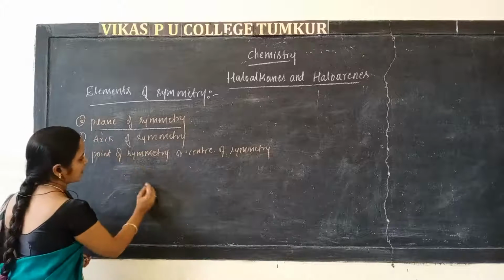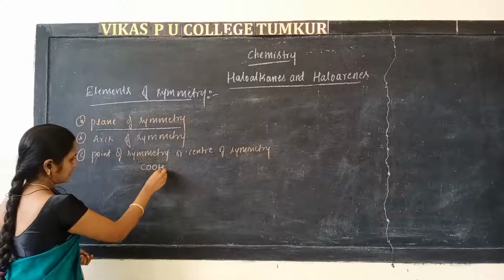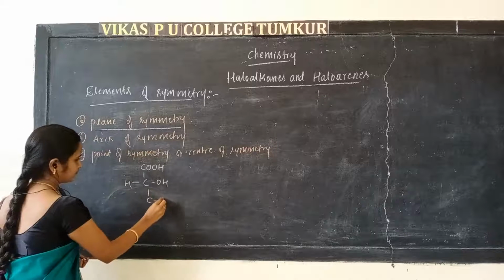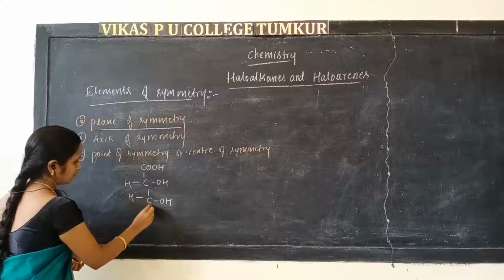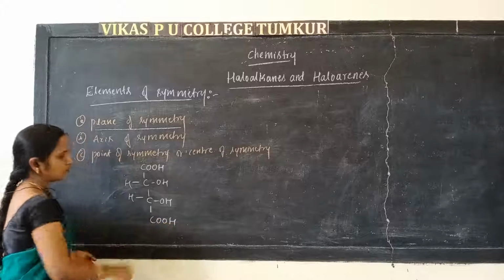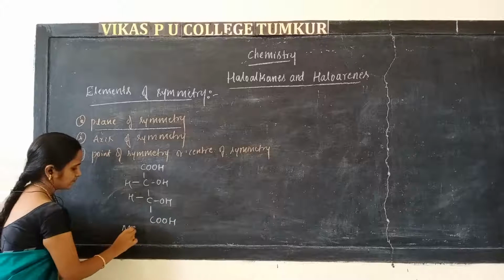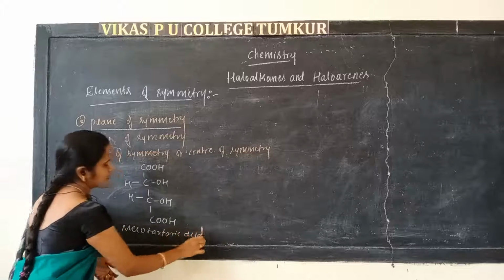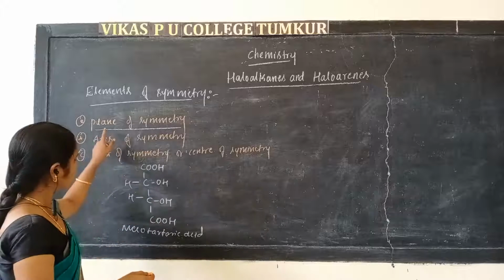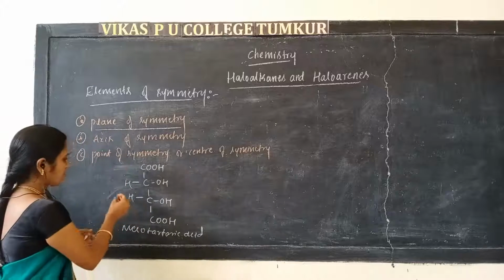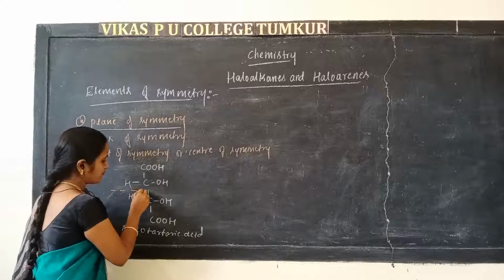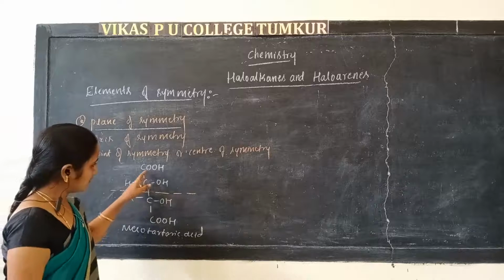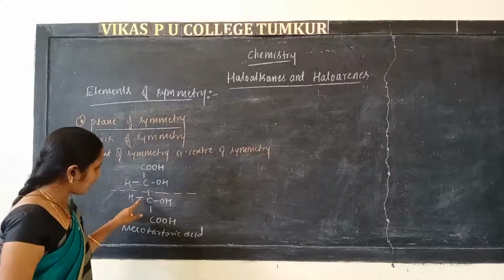That is the mesotartaric acid. The plane of symmetry is an imaginary line passing through the molecule which gives two equal halves.